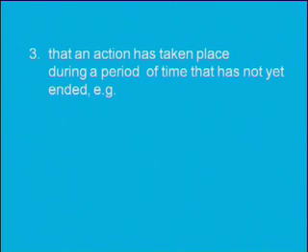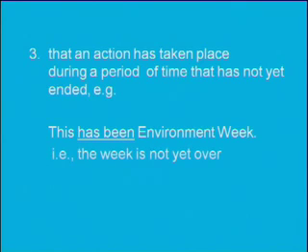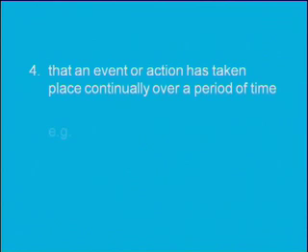That an action has taken place during a period of time that has not yet ended. For an example, this has been Environment Week. And it tells us that we're still in the middle of that week. That week is not yet over. Number 4, that an event or action has taken place continually over a period of time.